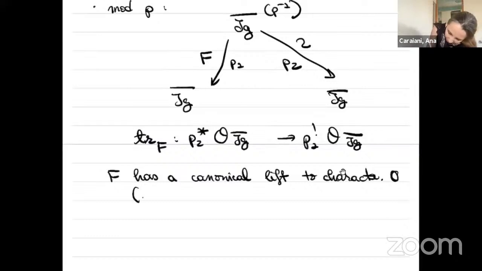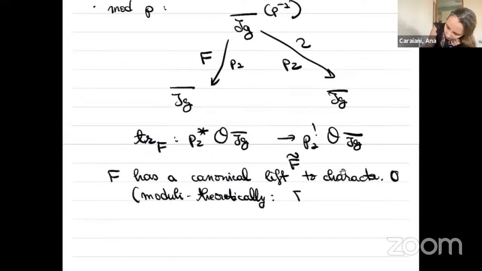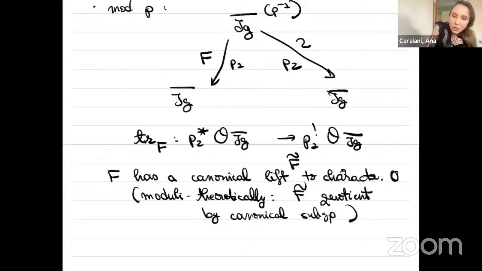So moduli theoretically, let's say the canonical lift is called F tilde, and F tilde is given by taking a quotient by the canonical subgroup.